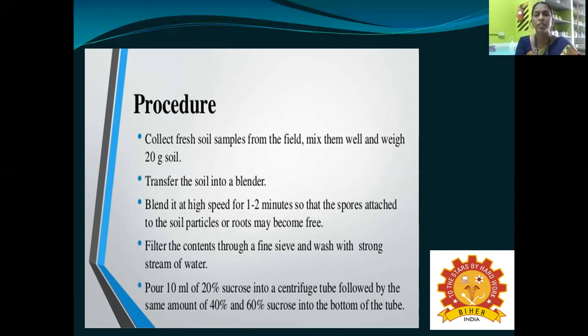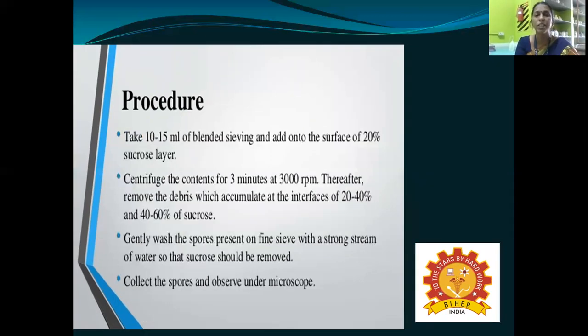Collect this 40 or 60% at the bottom of the tube. After you have blended and sieved it, add it onto the surface of the 20% sucrose layer. Centrifuge the content for 30 minutes at 3000 RPM.